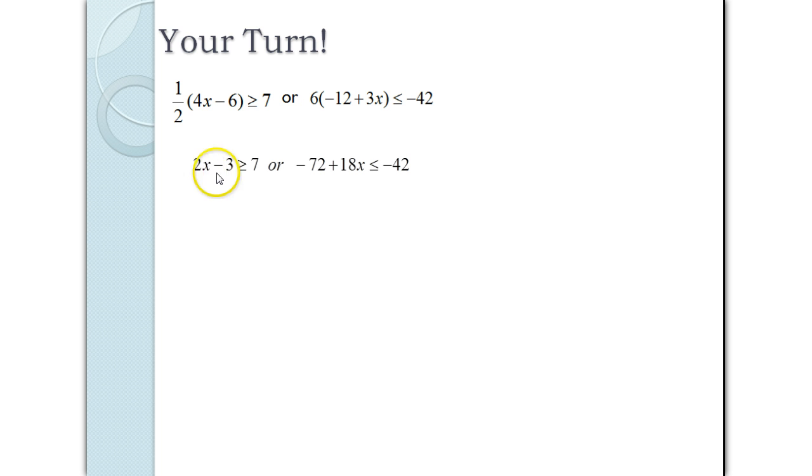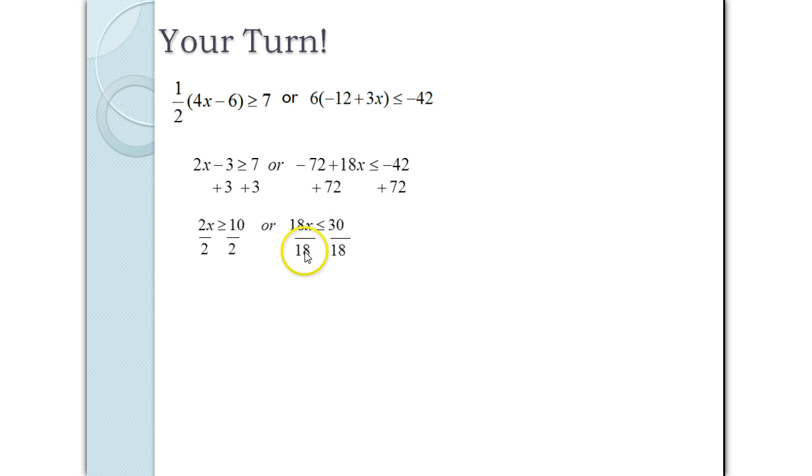So first, over here, I need to move this negative 3, so I'm going to add 3 to both sides. Over here, I need to get x by itself, so I actually need to start by adding 72 to both sides. When I simplify down, I get 2x is greater than or equal to 10, or 18x is less than or equal to 30. Next, I need to get x by itself, so I'm going to divide by 2.